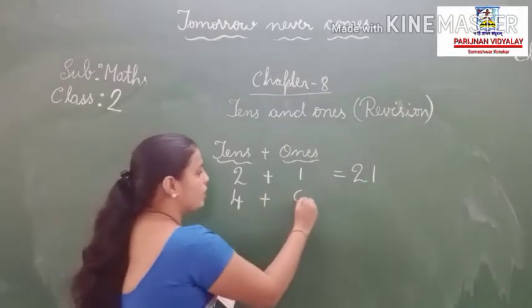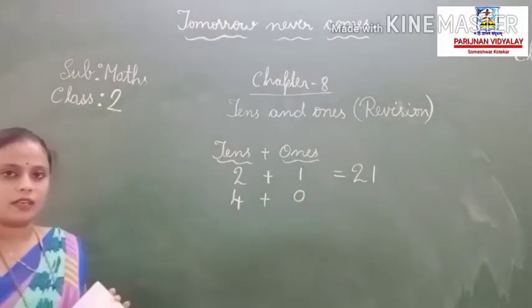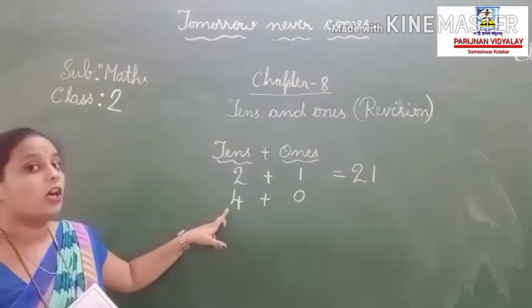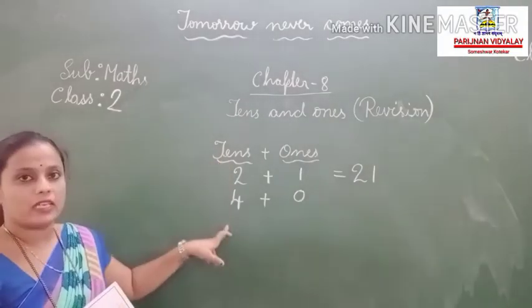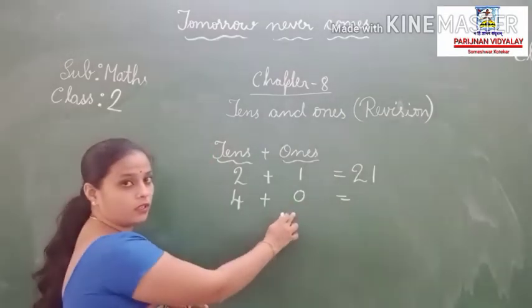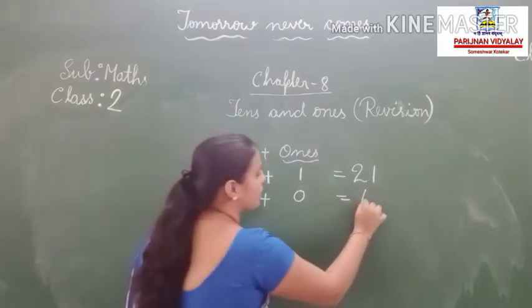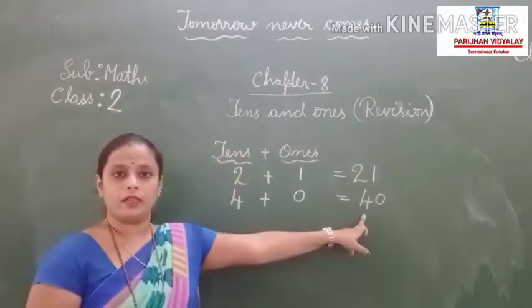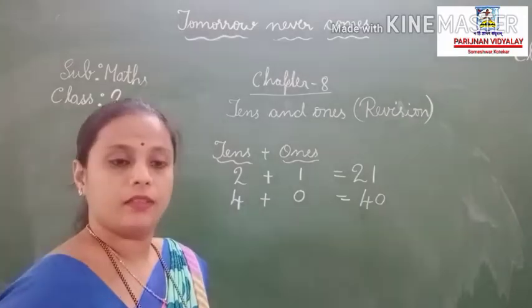No ones, right? 0 ones. 4 tens means 40. There is no ones. So it is 40.